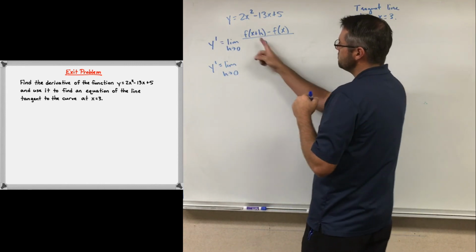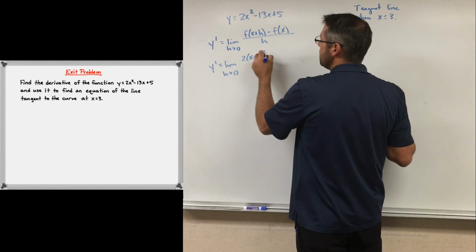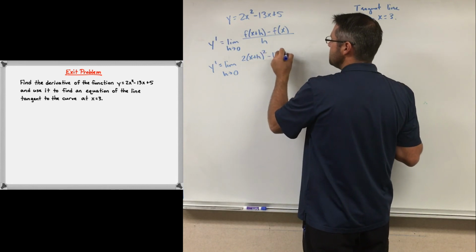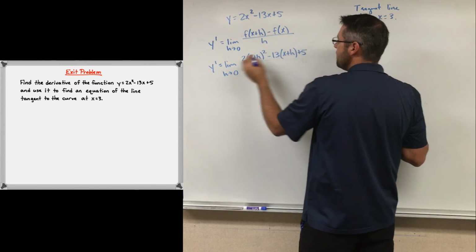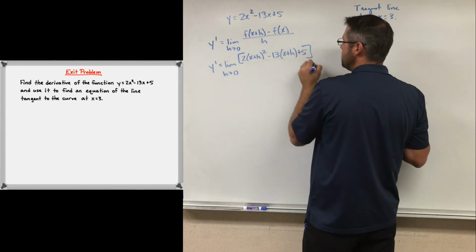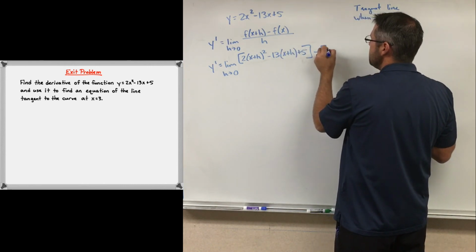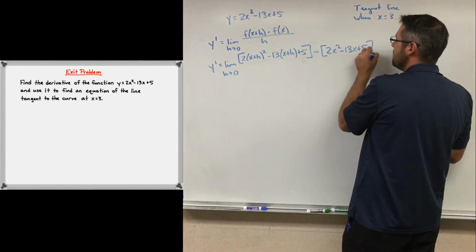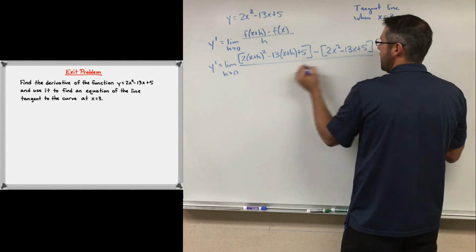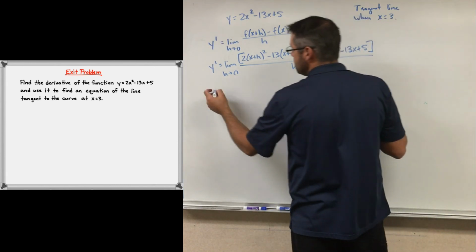F of x plus h means we're plugging in x plus h, so that'll say 2 times x plus h squared minus 13 times x plus h, right, because we're still plugging it in here, plus 5. We're going to put that in brackets. That's my y2. My y1 is just the function itself, so that's going to be 2x squared minus 13x plus 5, and then that's all over h. All right, and then we're going to simplify all that.